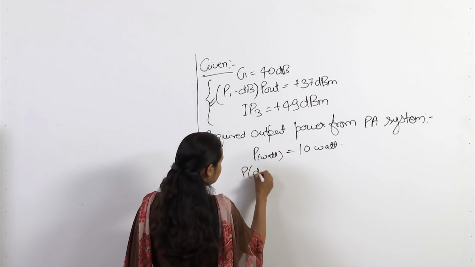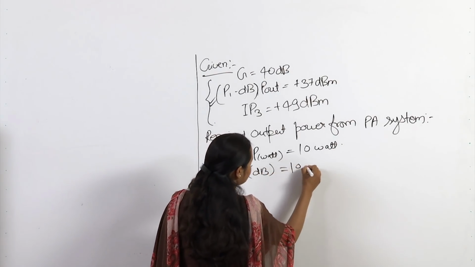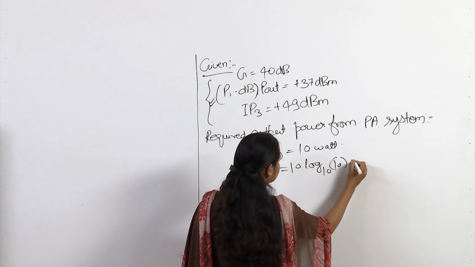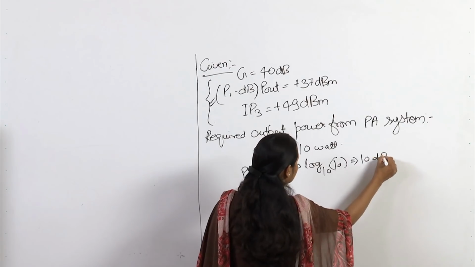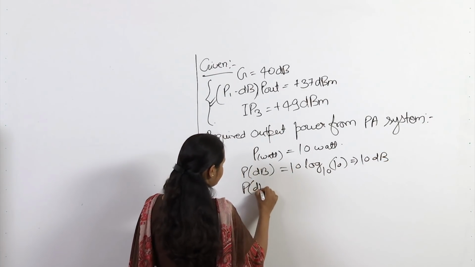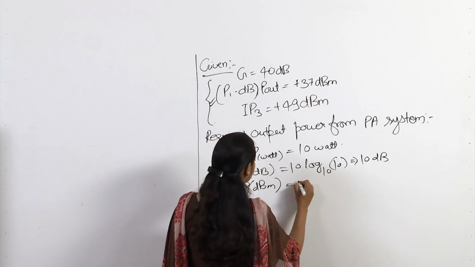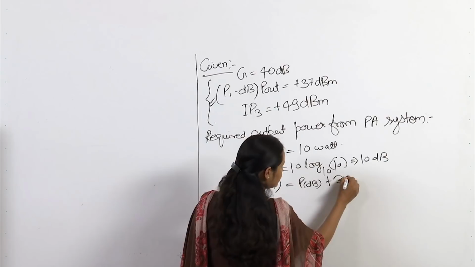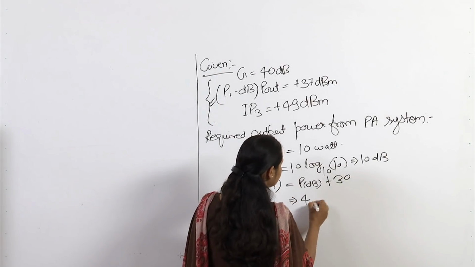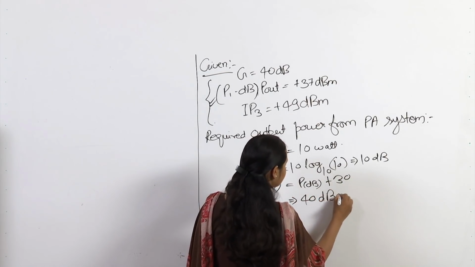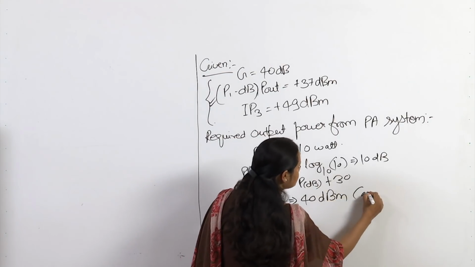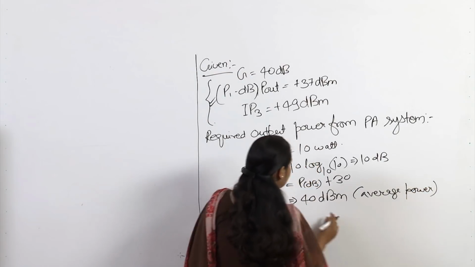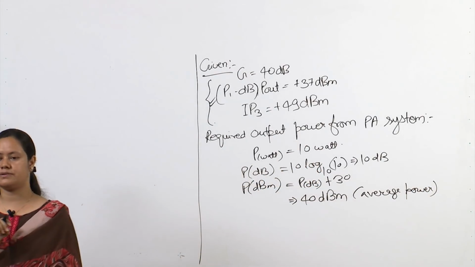So P in dB will be 10 log 10, which is actually 10 dB, and P in dBm will be P in dB plus 30. This was the relation. So 40 dBm. So we should be able to get 40 dBm average power.